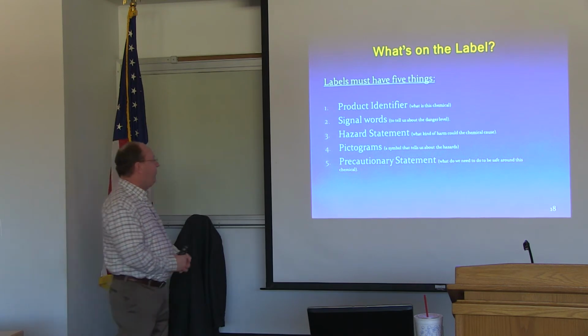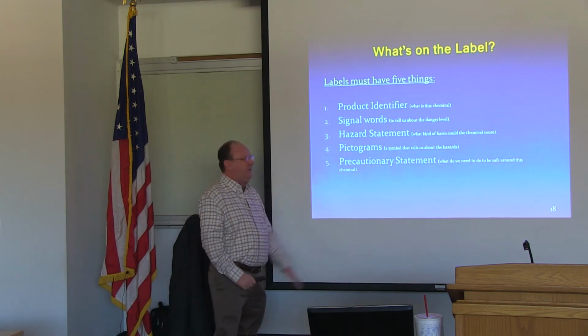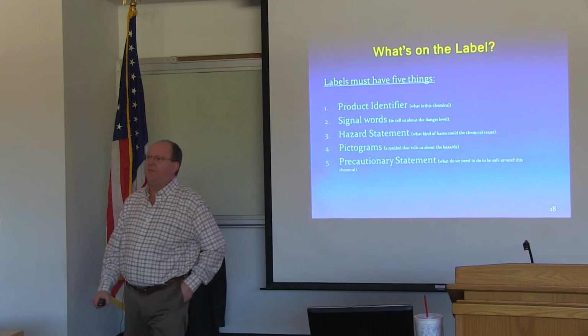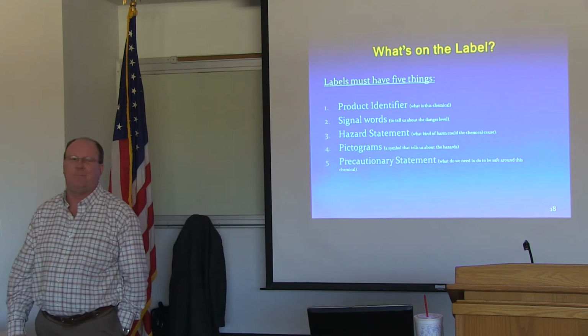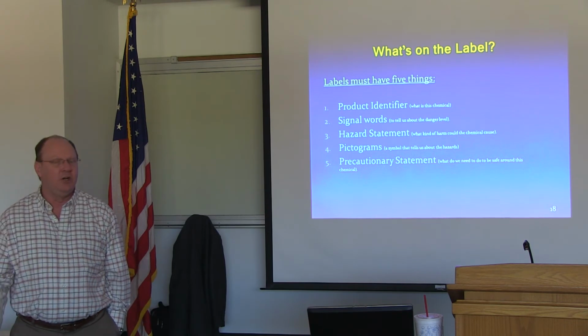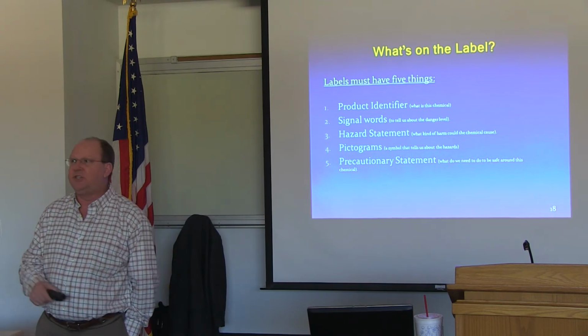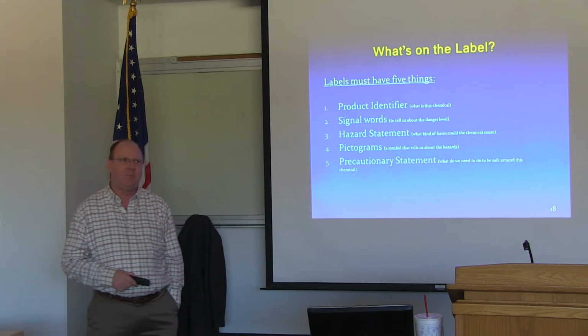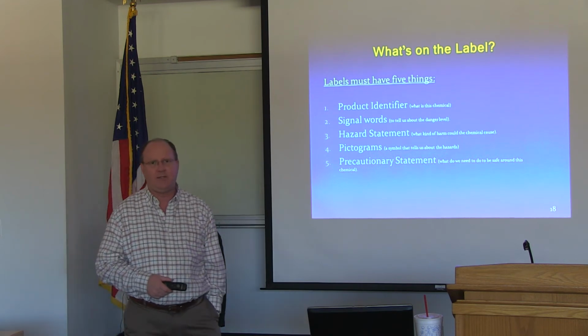Let's go to the fourth part up here. The pictograms. Any ideas why they came up with pictograms? What's the main purpose of it? It's a universal type language. You can look at the pictogram and pretty much distinguish what that particular picture means for that particular product.